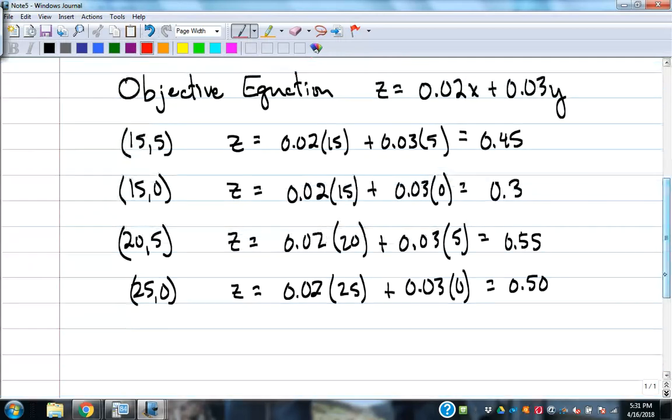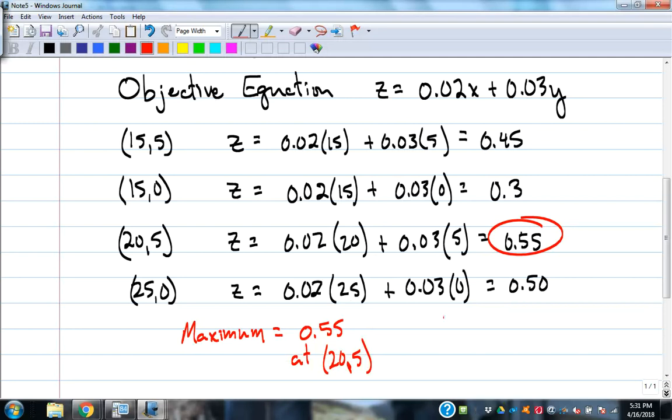The maximum is 0.55. That's the biggest one, right? At the ordered pair 20, 5. The minimum, what's the smallest? 0.3.